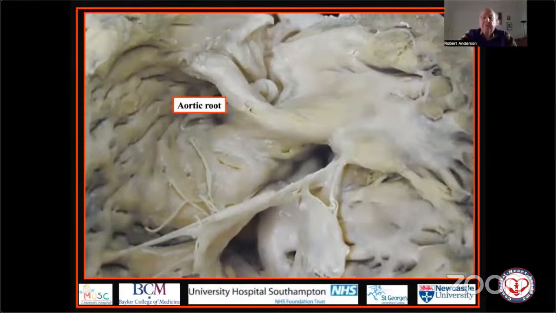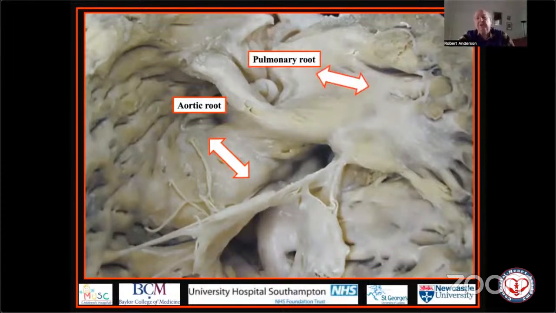There is the aortic root, supported by an extensive subaortic infundibulum or conus. There is the pulmonary root, with its own extensive subpulmonary infundibulum, both supported by the right ventricle. Separating them, we have the muscular outlet septum.